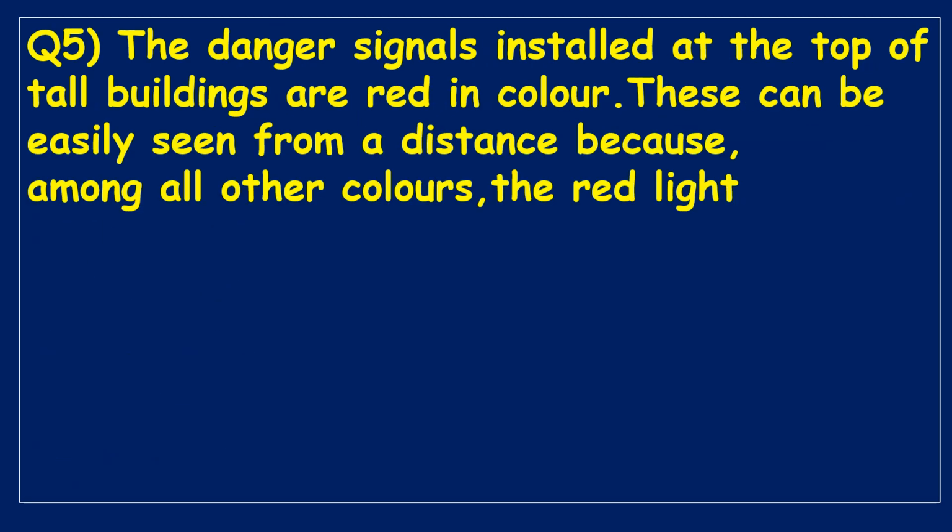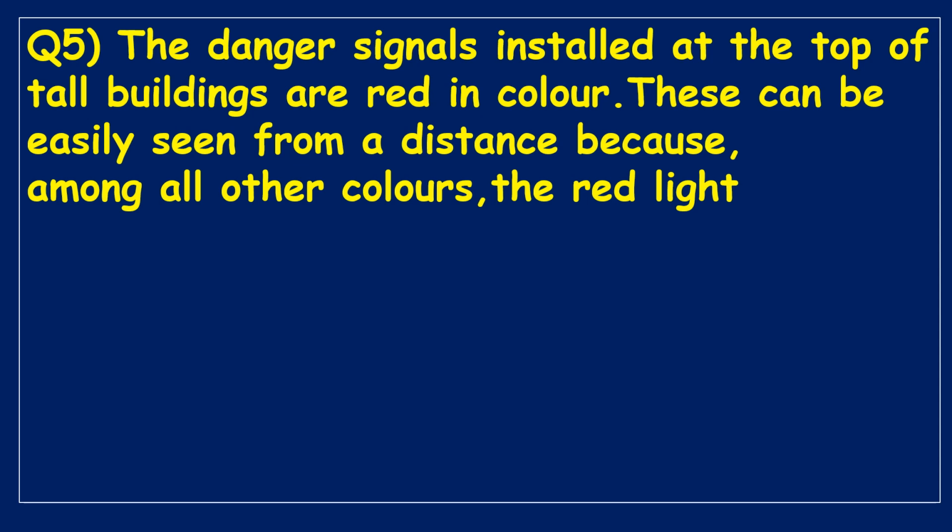Question. The danger signals installed at the top of tall buildings are red in color. These can be easily seen from a distance because, why do we use red color at signal lights on tall buildings, big towers and mobile towers?